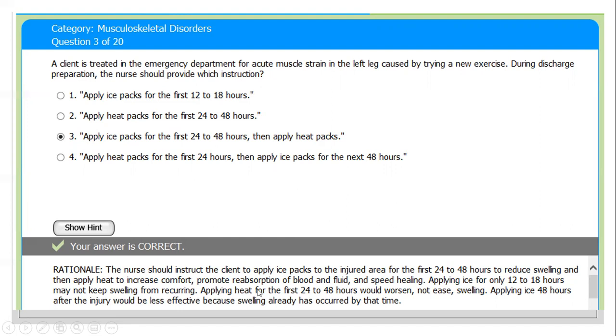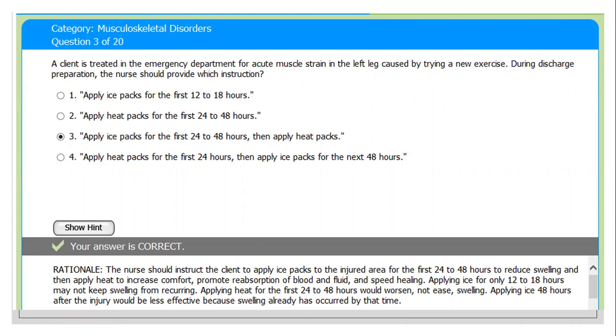Applying heat for the first 24 to 48 hours would worsen the swelling, not erase it. Applying ice 48 hours after the injury would be less effective because swelling has already occurred by that time. Applying ice also causes vasoconstriction. If there is any bleeding or congestion, it helps to stop it.